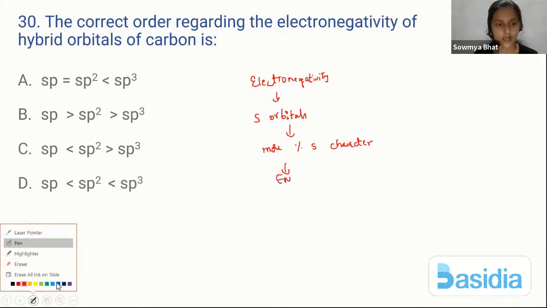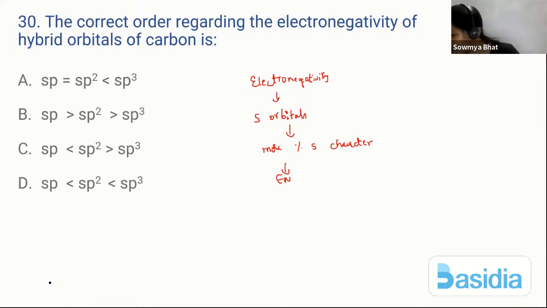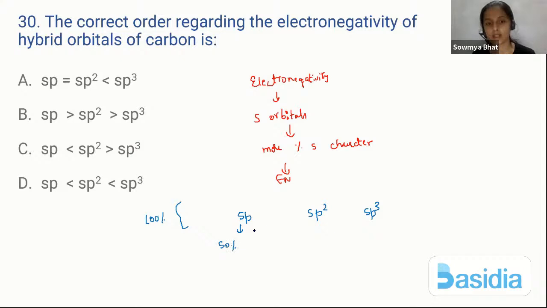If I say that you calculate the percentage, the option is C. Someone said C. Let's see whether it is C. So it's sp, sp2 and sp3 we have. Totally, we are going to take them as 100%. If this is 100%, s will be 50% and p will be 50%. Here sp2: if you take 3 orbitals, dividing 100 by 3 gives 33.3.